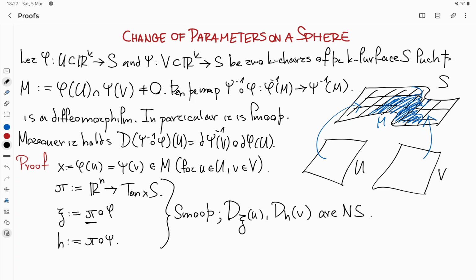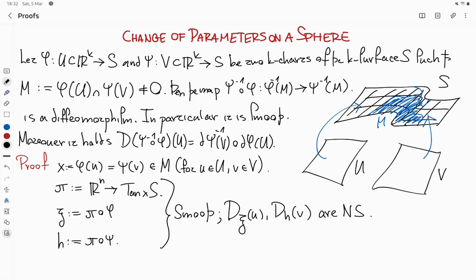It preserves non-singularity of the matrix. Essentially, if this was represented by a rectangular matrix, this will simply make it a square matrix, right? And if the rectangular matrix had all the columns linearly independent, then if we remove some of the columns, they will still be linearly independent. So this is fine, and we know that these maps are non-singular.